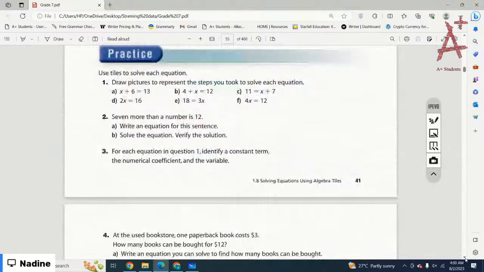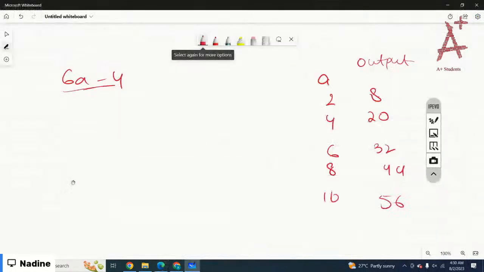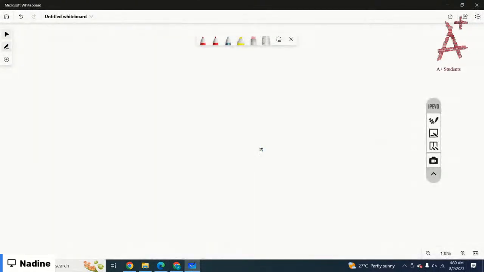Okay, the first one is x plus 6 equals 13. So you have to find the value of x. You will move 6 to the other side. So it would be x equals 13 minus 6. It would be x equals 7.